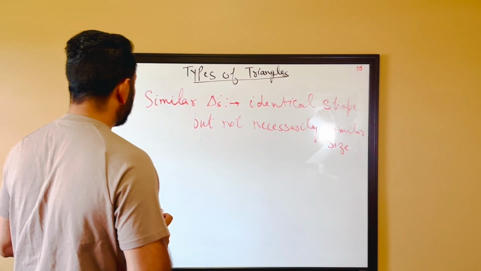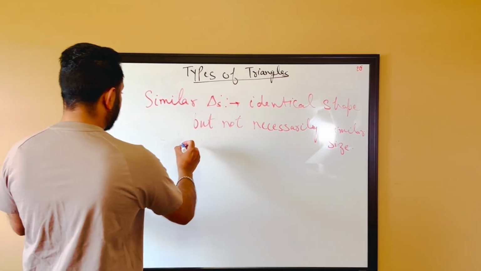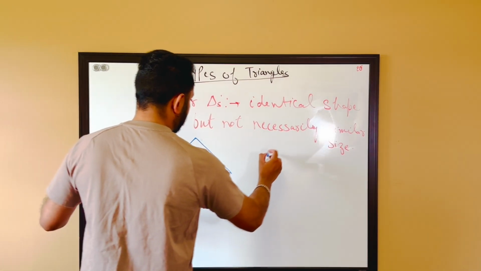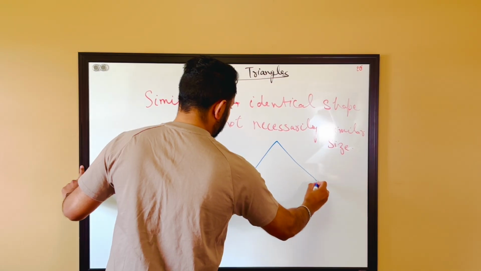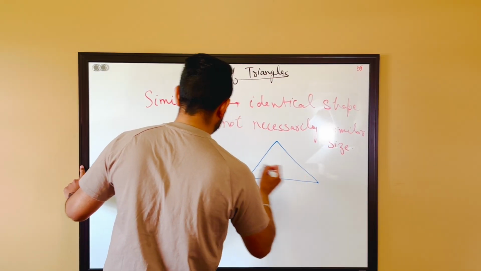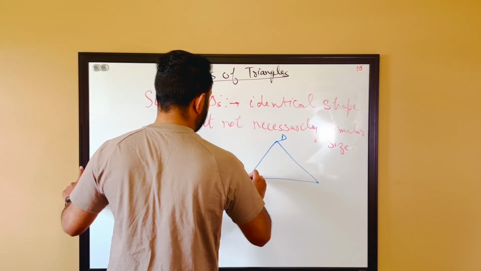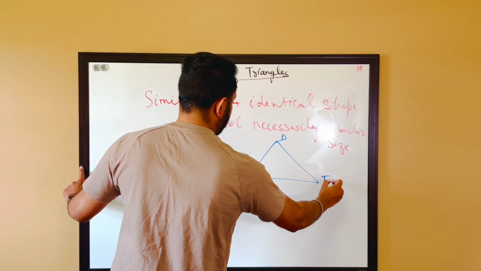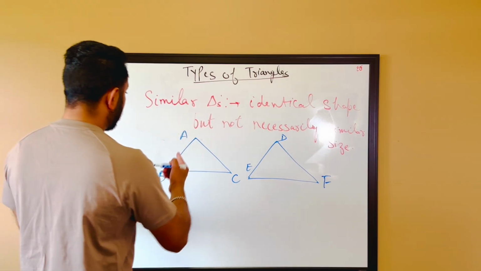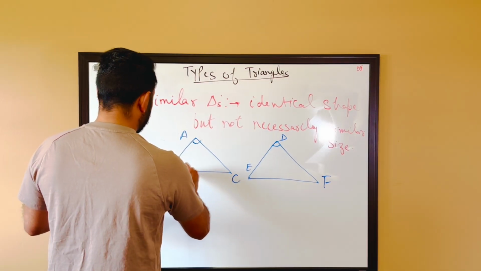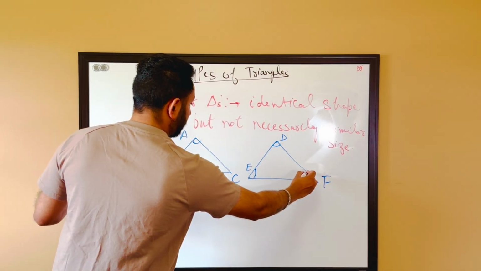So let's draw two similar triangles, like A, B, C, D, E, F. In similar triangles, the corresponding angles are equal.